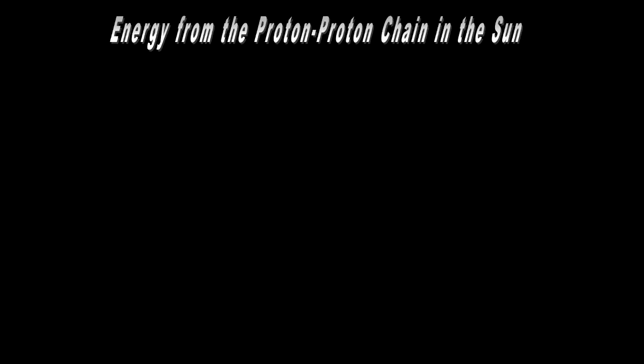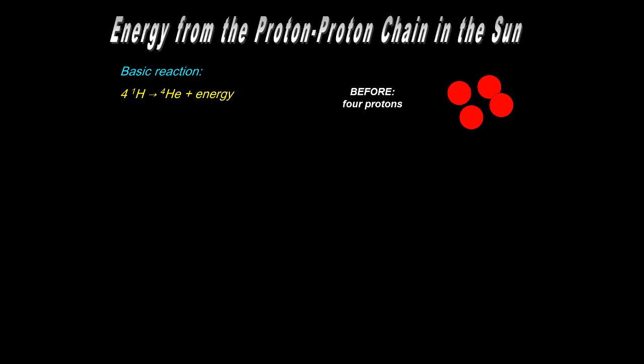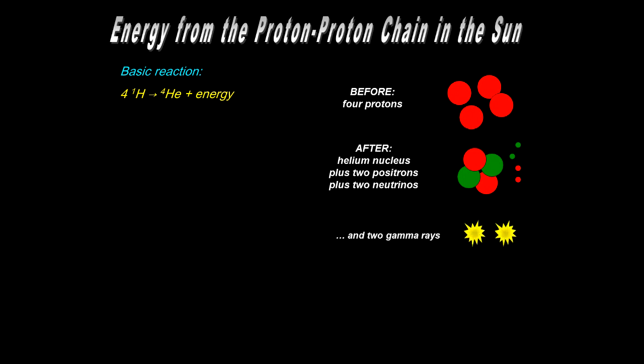So how much energy is liberated in this proton-proton fusion chain reaction in the sun? The basic reaction is simply that 4 hydrogen nuclei, which are protons, yields a helium nucleus plus energy. So before we have 4 protons, then afterwards we have a helium nucleus, 2 positrons, 2 neutrinos, and 2 gamma rays.